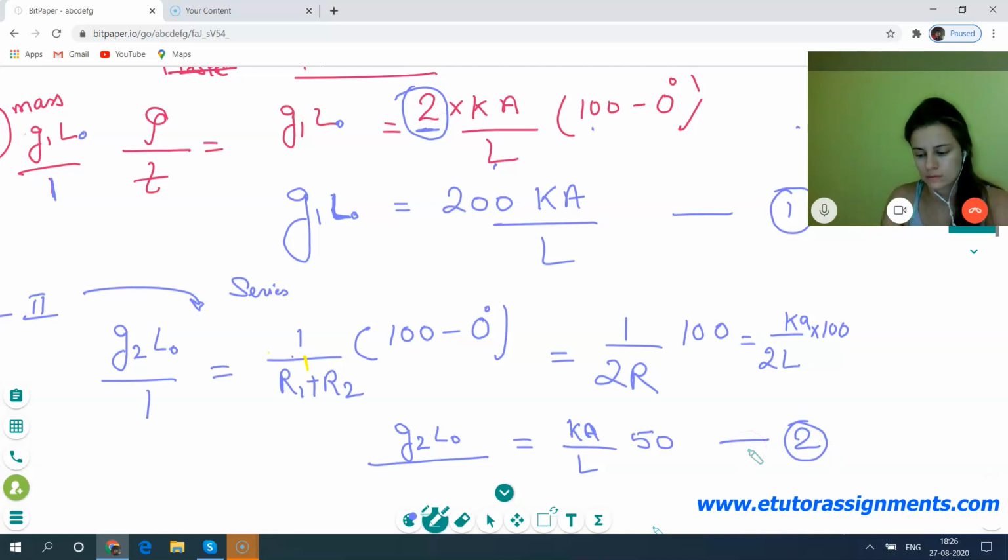Correct? What do we want actually, G1 by G2 or G2 by G1 ratio? G2 by G1. So we just divide this.